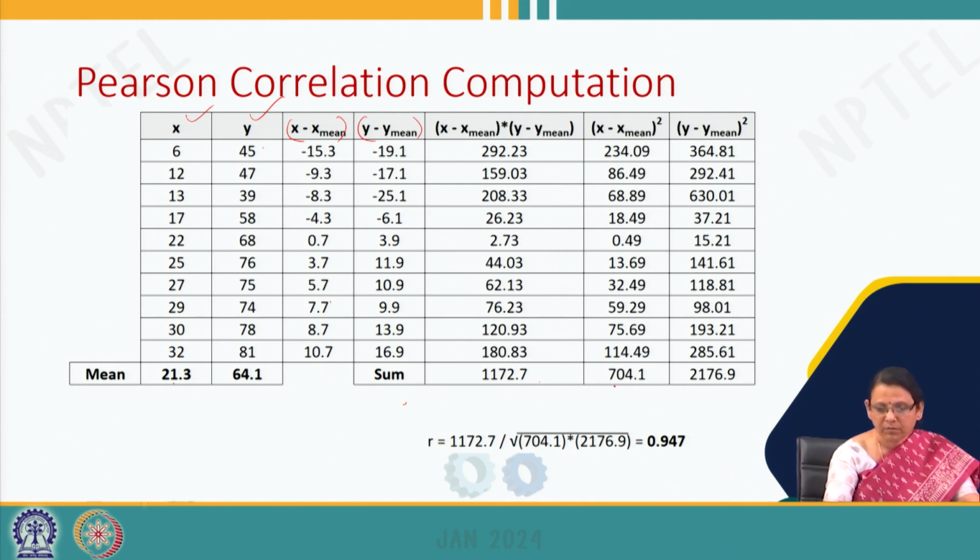When you add them up, the correlation coefficient is the numerator divided by the product of these two roots. So, it turns out to be this much.